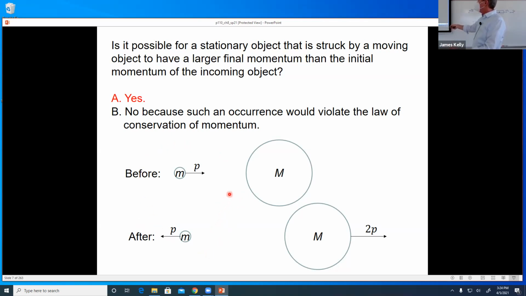Now notice, this one comes in with momentum P. What's the change in momentum from before to after for the ping pong ball in terms of P? How big is the magnitude of the change in momentum? Yeah, it's not just P, it's 2P. Because if it changed by P, then this thing would come to rest. But in being projected back again, that's a change of 2P.